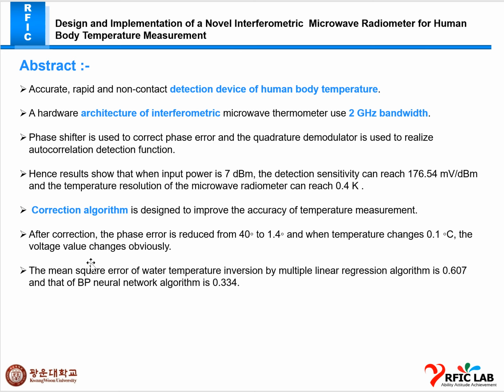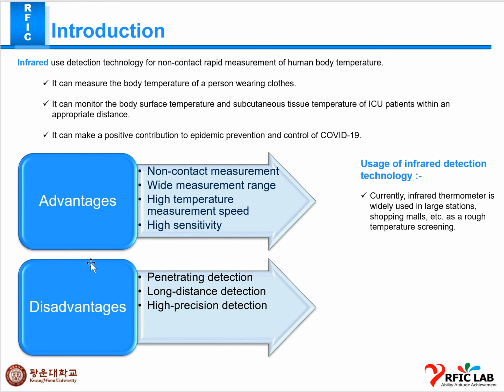Voltage, of course, also changes in that case. And the mean square error we have also found for water temperature. Further, we used the inverse and multiple regression algorithm and the BP neural network algorithm, which I'm going to describe in further slides. And this was the abstract part, and next is the introduction.